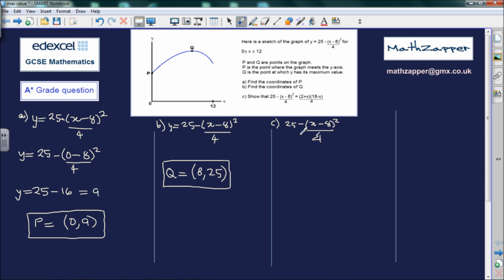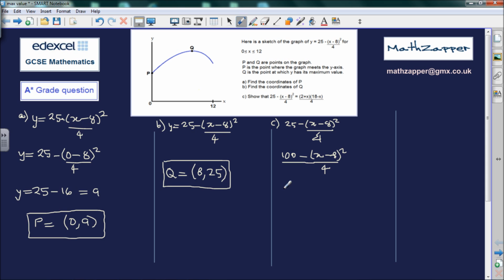At the moment we've got a whole number minus a fraction, so we need to make this all one fraction. If we multiply 25 by 4 and then divide by 4, it's the same as 25. So that's what we'll do. 25 multiplied by 4 is 100. Subtract the right hand side, which stays the same for the time being, but this time it's all over 4, because 100 divided by 4 is 25.